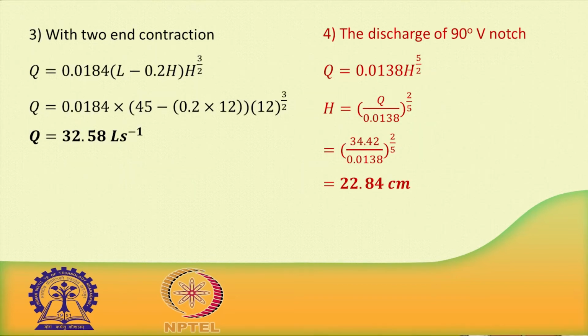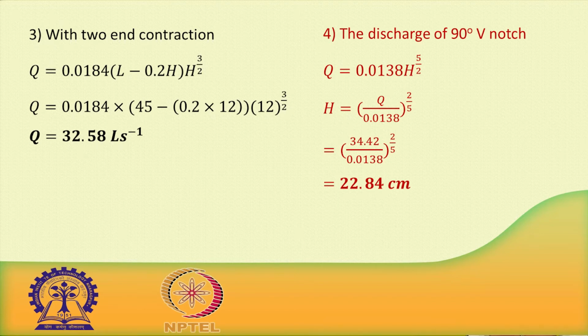Now, when there are two end contractions, meaning the contraction is there on both sides, the effective length is reduced to L minus 0.2 h, and then substituting the values we get the total discharge Q equal to 32.58 liter per second.